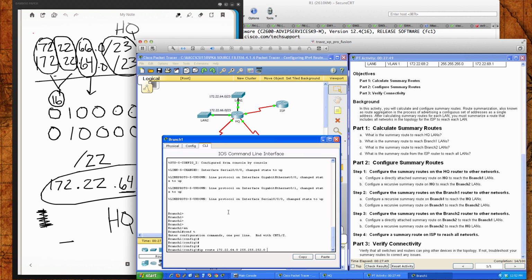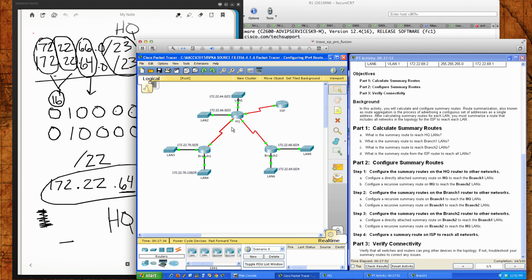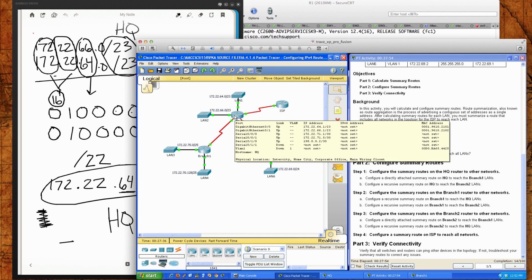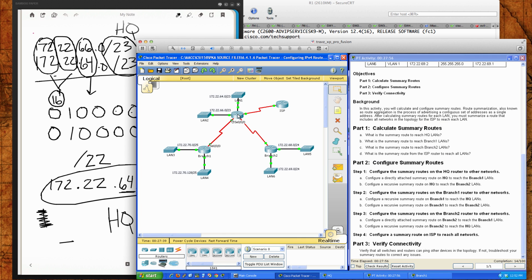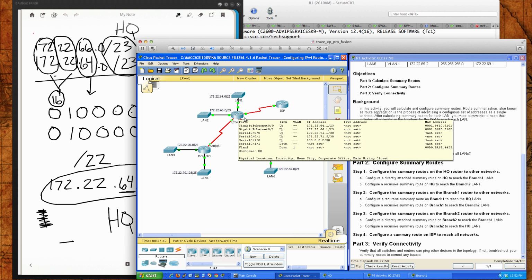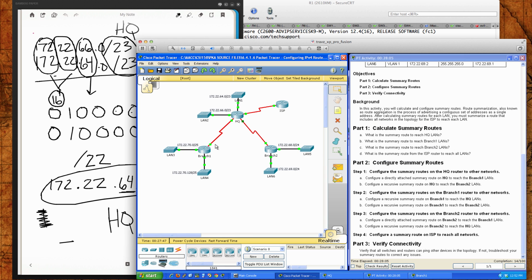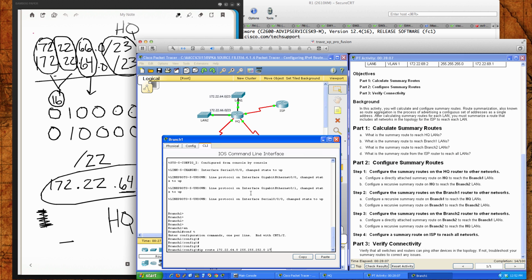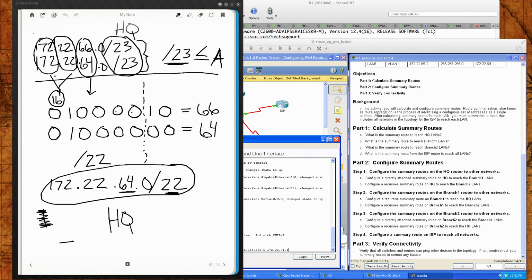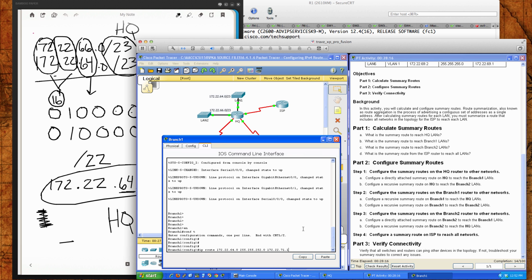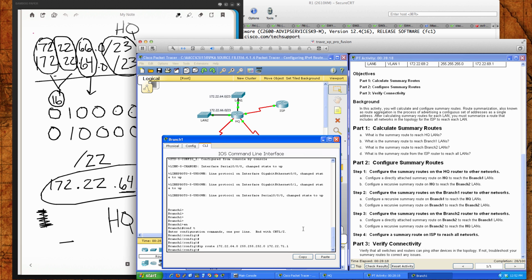And so we're going to provide the next hop IP address of the headquarters router, and we want this interface here, serial 000, which is 172.22.71.1. So 172.22.71.1, and that's our recursive route. And let's double check, and it is a /22. So we add that in, and as you can see, our completion percentage has gone up.